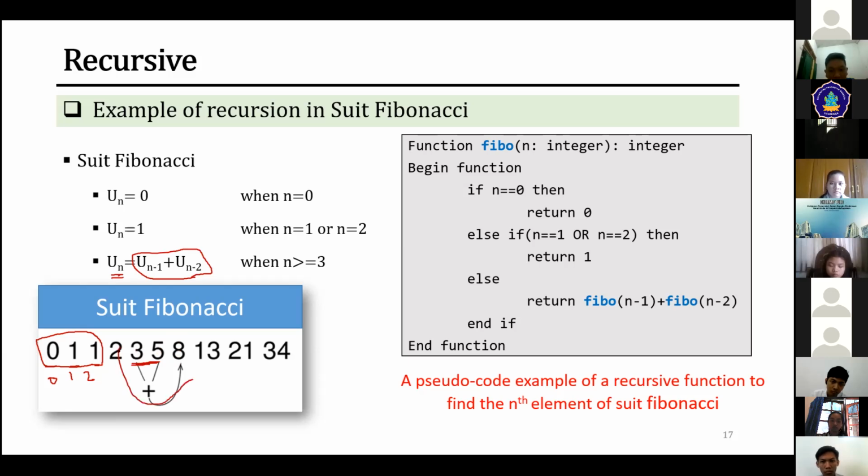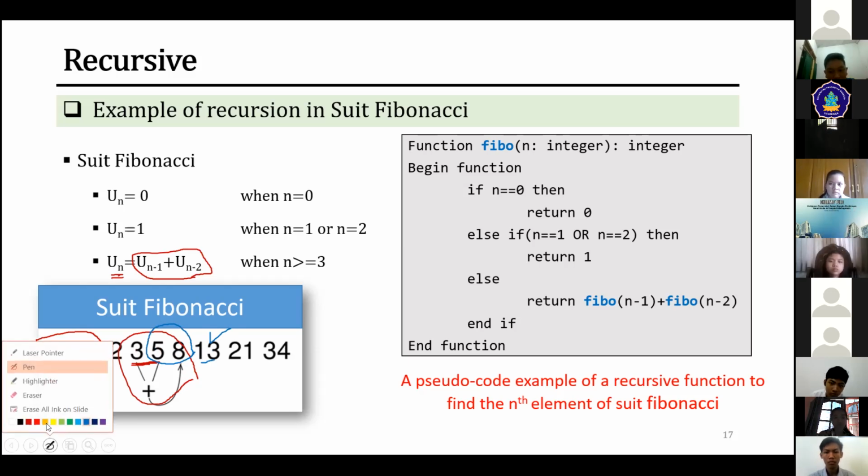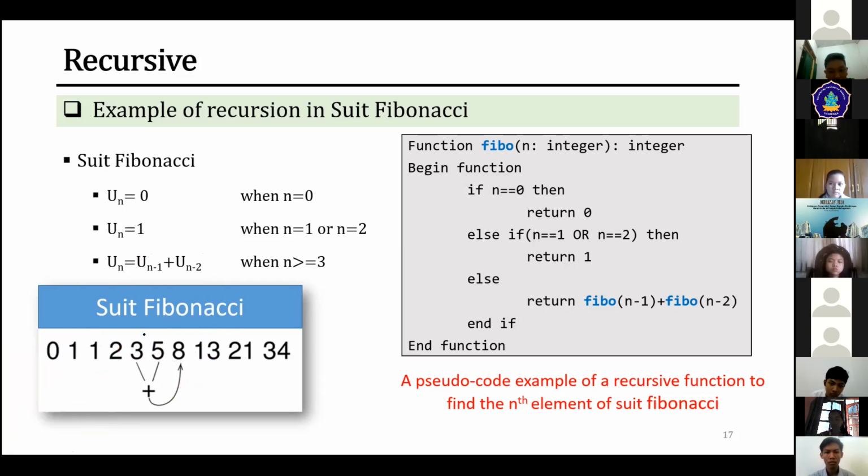That is the property of the Fibonacci sequence. And if you want to find the next number, in this case 13, we sum the two numbers before it. 5 plus 8 is 13. That is the rule, the characteristic of how Fibonacci is calculated.